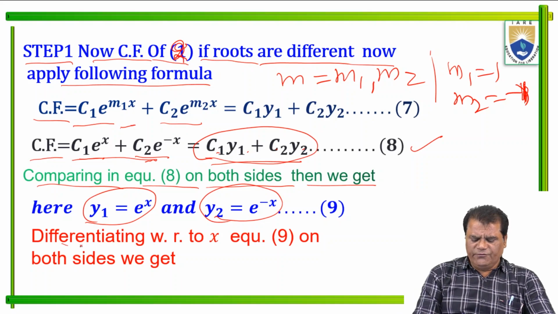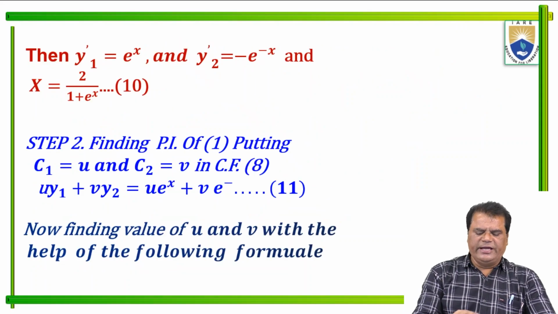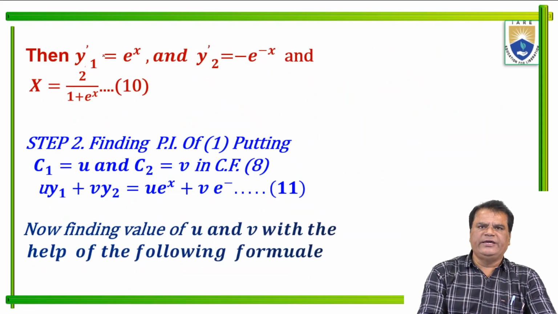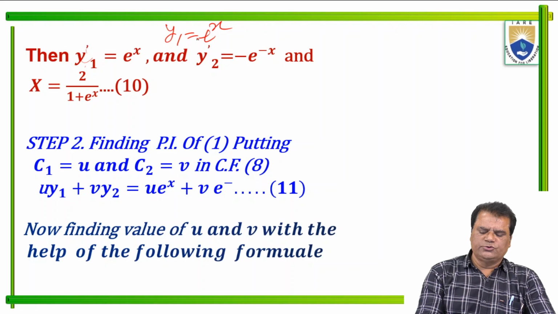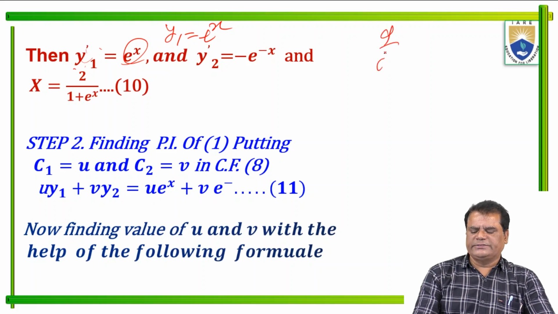So differentiating equation 9 with respect to x on both sides, we get y1 dash, the differential of y1 with respect to x. So y1 is e to the power x, and differentiating this, y1 dash is e to the power x, since the differential of e to the power x is e to the power x.